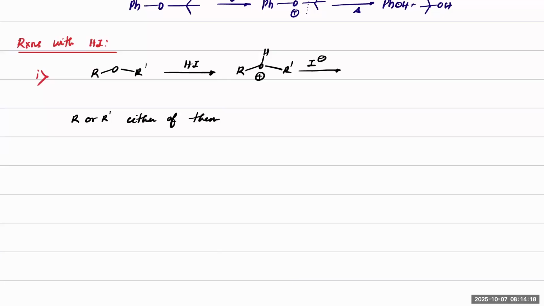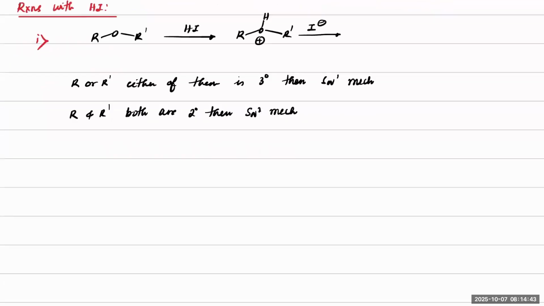is 3 degree, then the SN1 mechanism is favorable. If R and R dash both are 2 degree, then SN2 is favorable. SN2 mechanism needs to be checked.